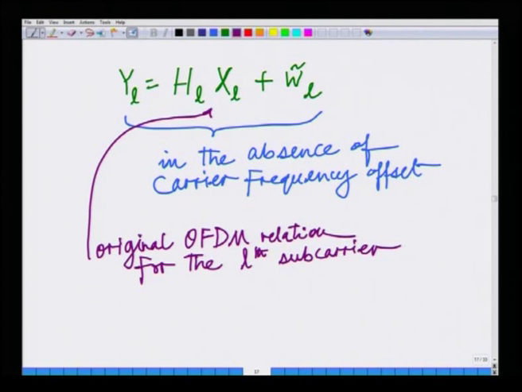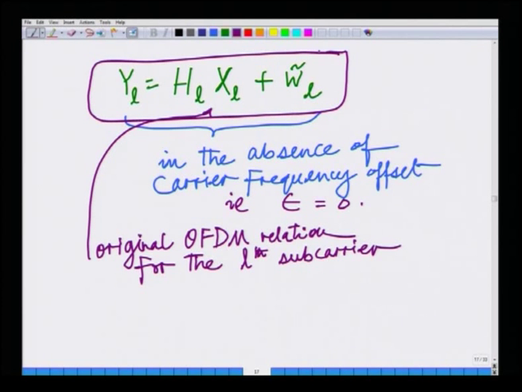That is, across each carrier the channel is flat fading: Y_L equals the flat fading channel coefficient H_L times X_L, the data transmitted on the Lth subcarrier, plus W̃_L, which is the noise. This is in the absence of any carrier frequency offset, that is, epsilon equals 0. Remember, this is valid when epsilon equals 0.